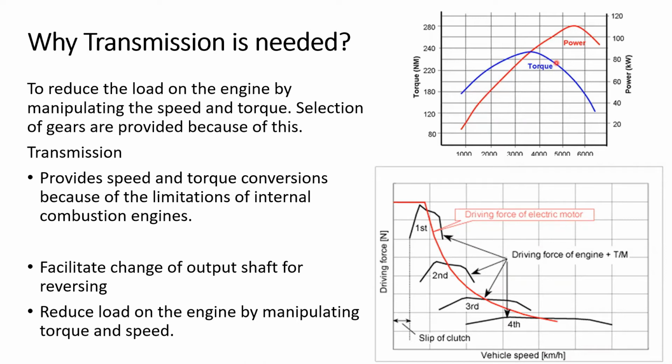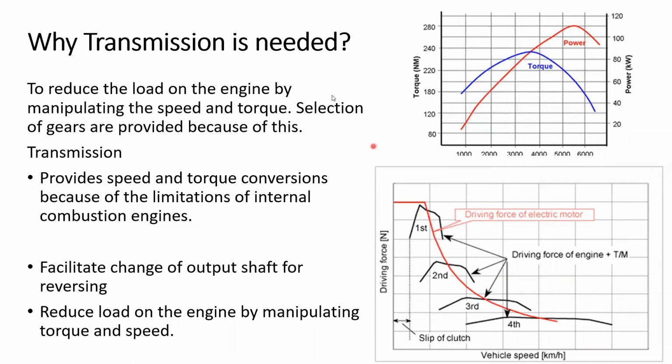In a transformer, if you properly design it, you can give a low current and high voltage on the primary side, and on the secondary side you get a high current and low voltage. The same effect can be achieved in the transmission.